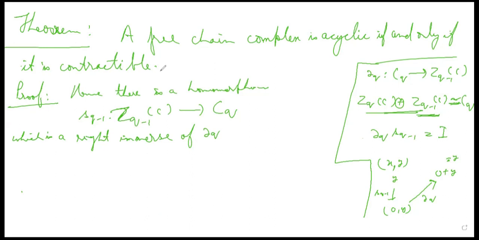Now, I_{C_q}, the identity map on C_q, minus S_{q-1} ∂_q.